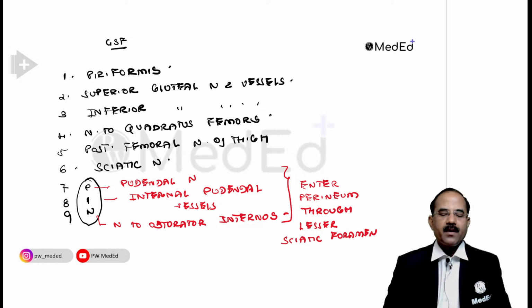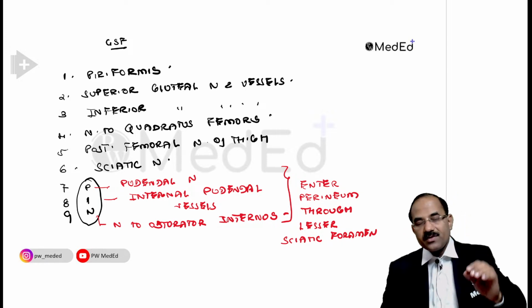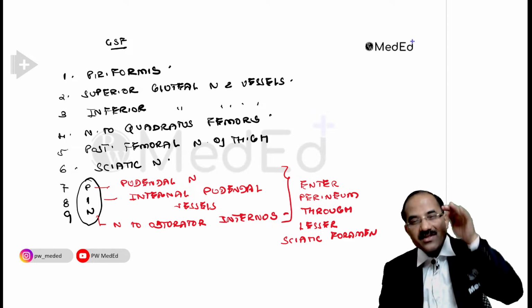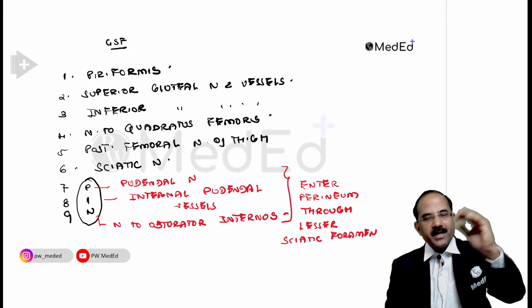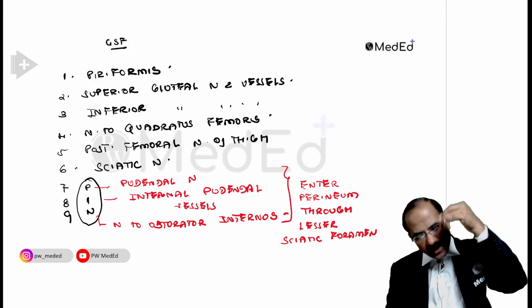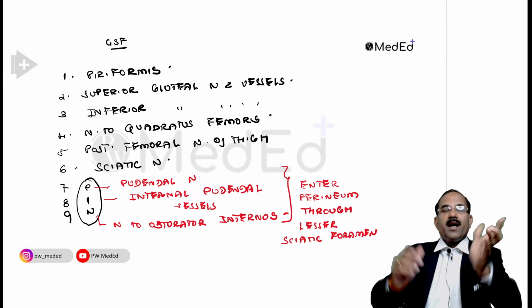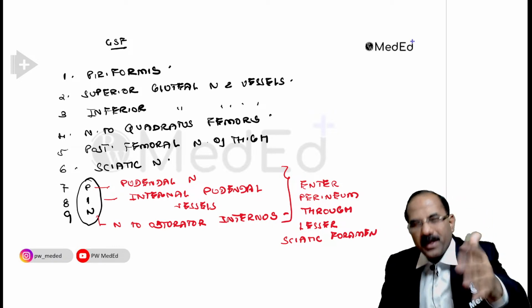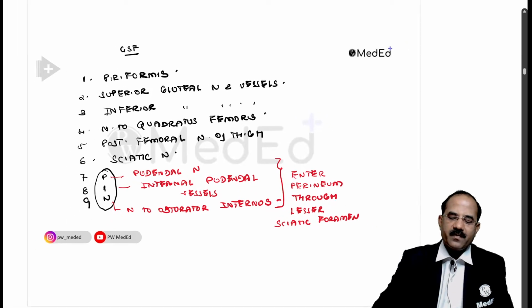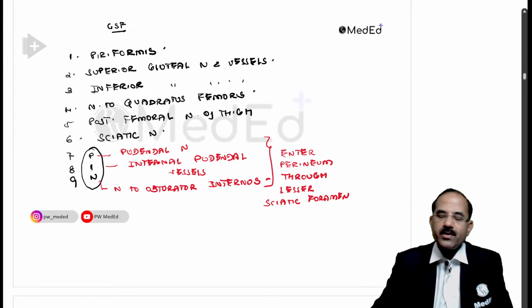Clear? So what are the structures which enter the lesser sciatic foramen? PIN. The PIN gets out through the greater sciatic foramen and then enters through the lesser sciatic foramen. When they go into the lesser sciatic foramen, where do they enter? Into the perineum. And what gets out through the lesser sciatic foramen?